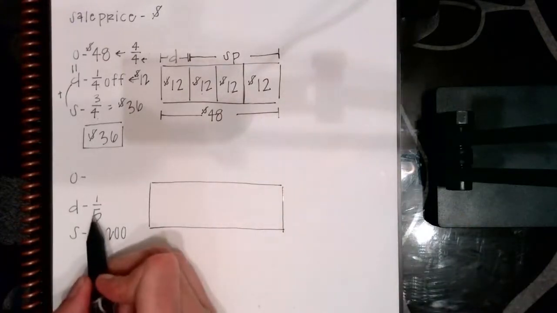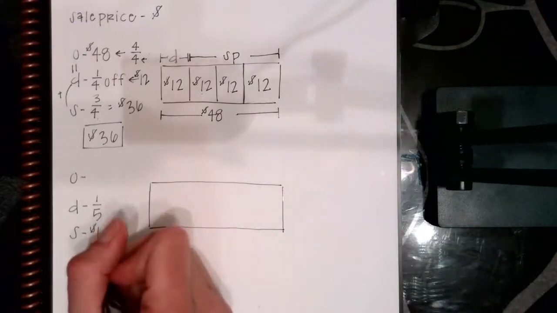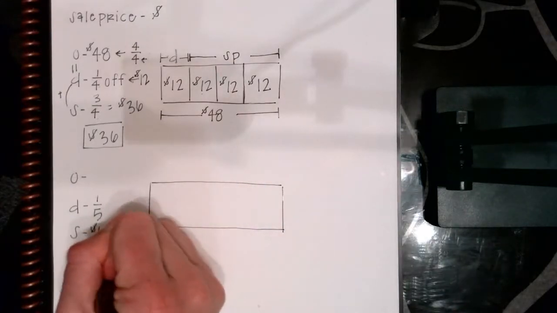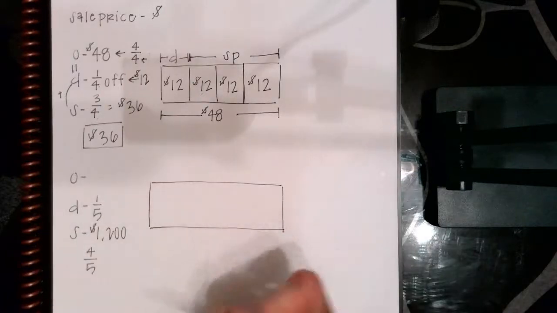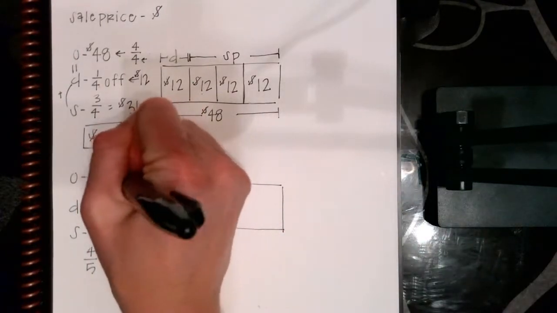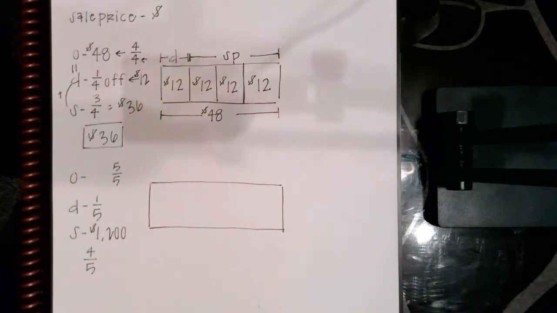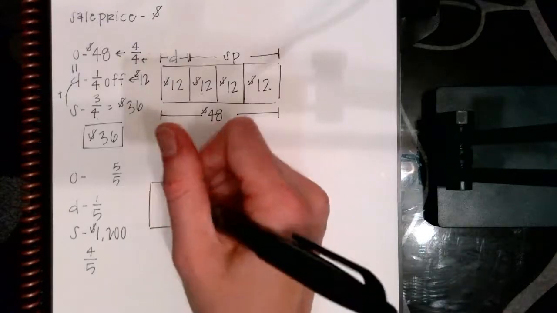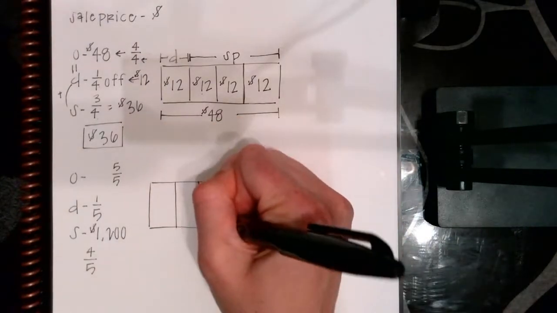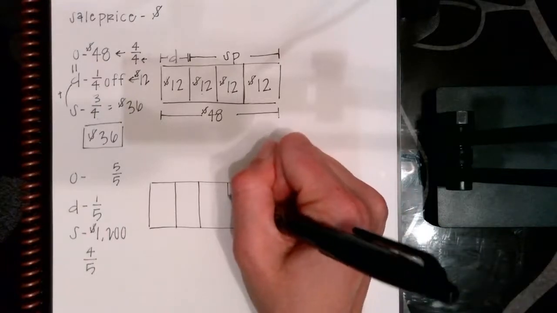And I know if the discount was 1/5, that means for the sale, I'm going to pay 4/5, because remember, our original has to be a whole, so 5/5. So I'm going to go ahead and split my tape diagram into 5 pieces the best that I can. 1, 2, 3.